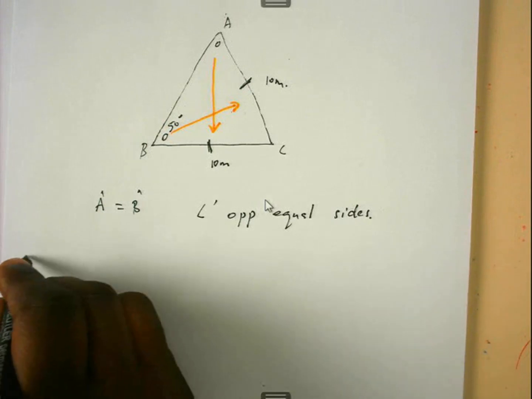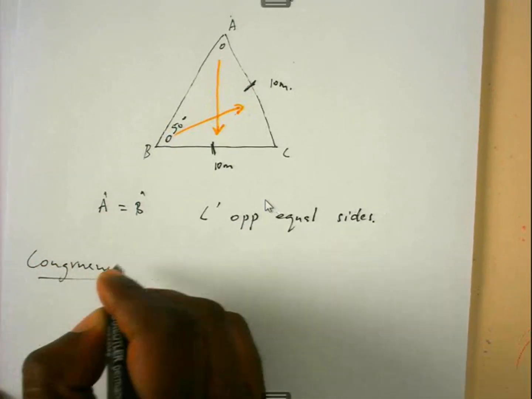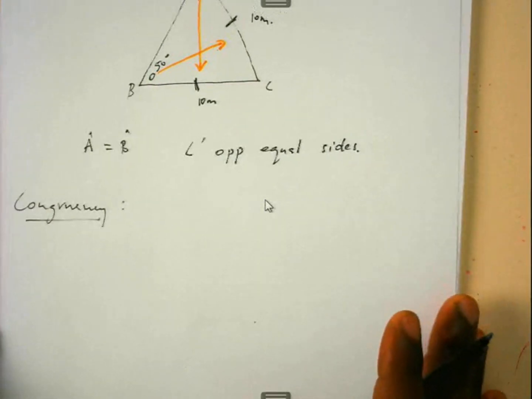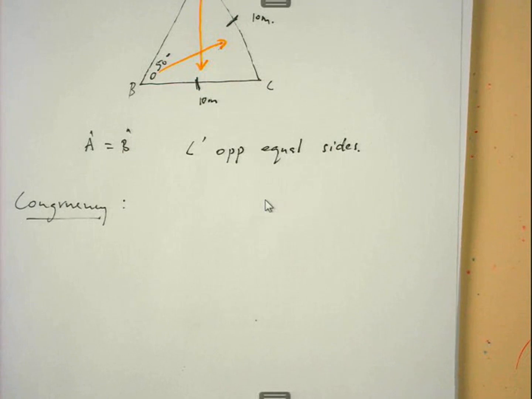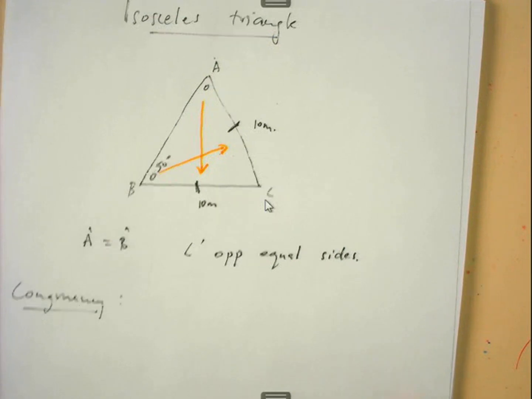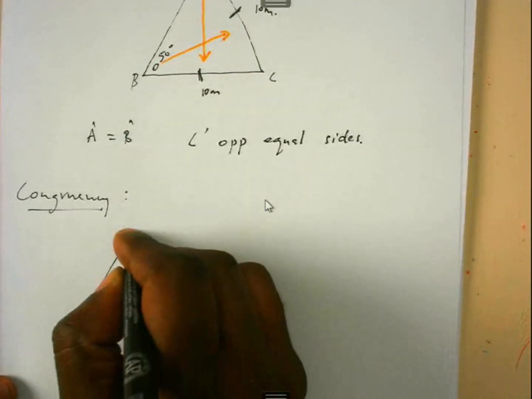I quickly want to talk about congruency. These are things that we need to look for. Now, congruency will need us to have two triangles. You see, isosceles is only one triangle, but for congruency, you need to compare two triangles.